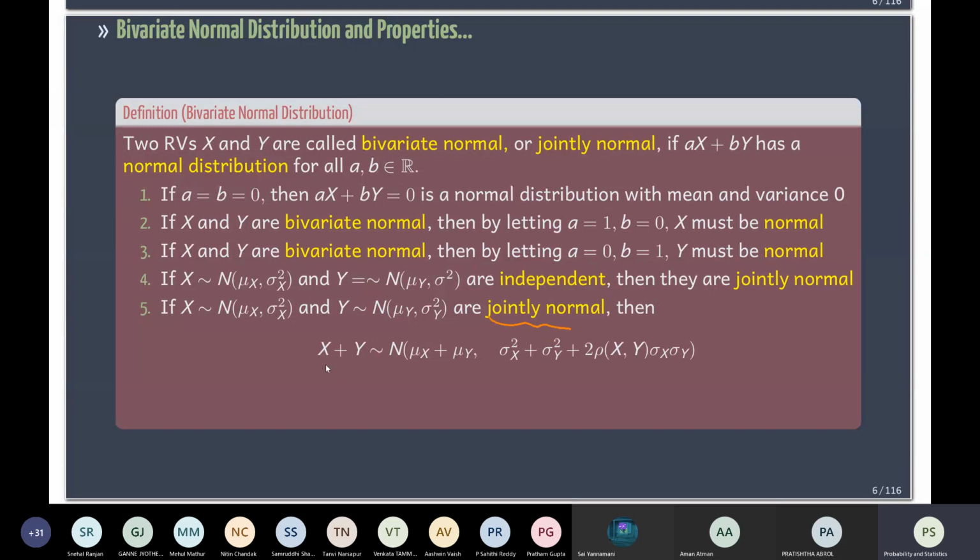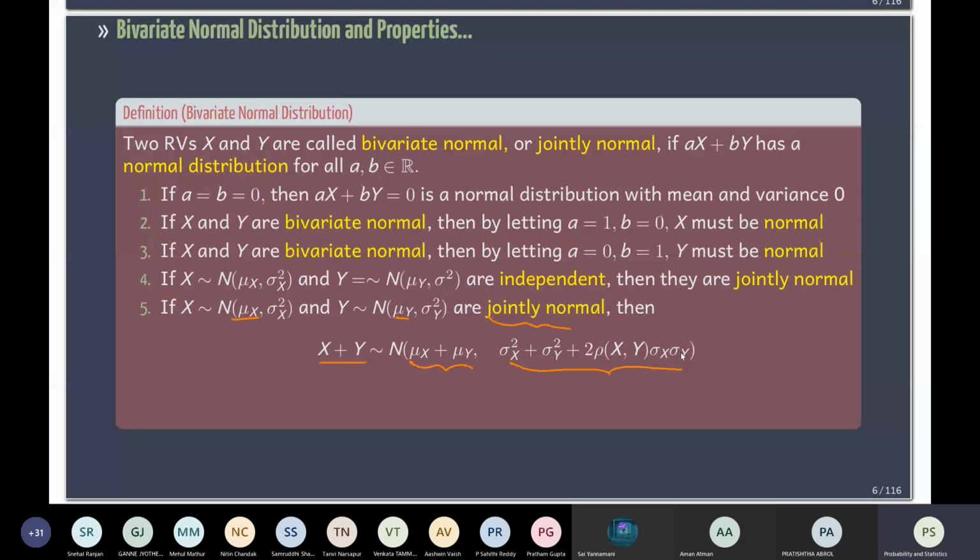They look like this. So x plus y is a normal with mean just the sum of the means of the two random variables, and then the variance is a little bit complicated. So it's like sigma x squared plus sigma y squared. So this is the variance of x plus the variance of y plus some mixed term here. Okay, so 2 times the correlation of xy multiplied by the standard deviations sigma x and sigma y.